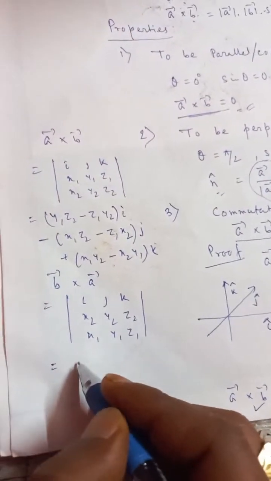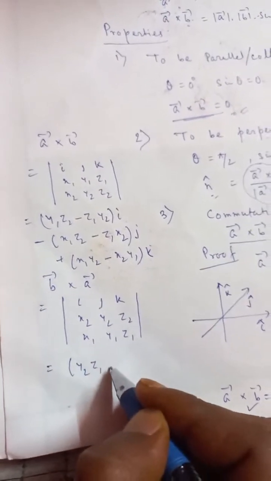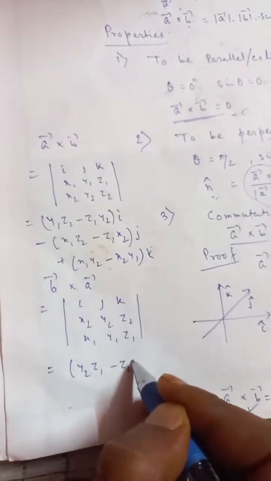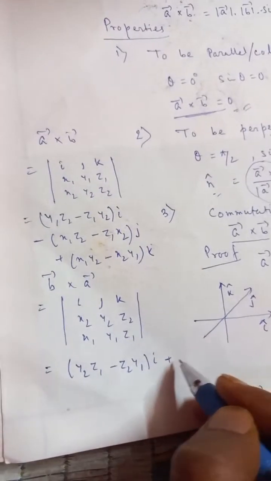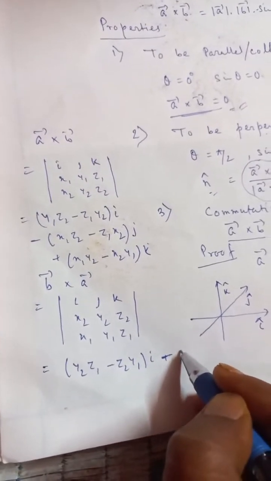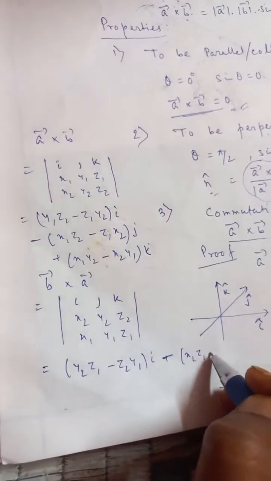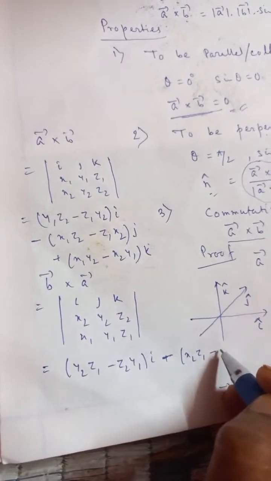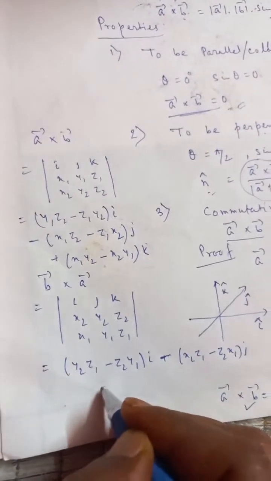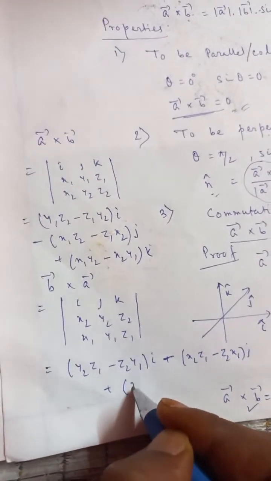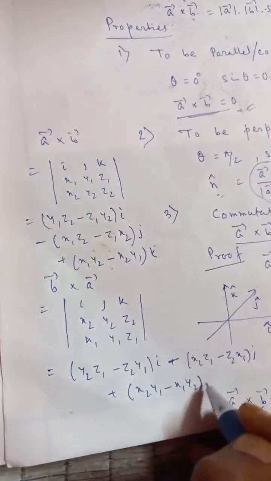So this will be (y2 z1 minus z2 y1) i, minus (x2 z1 minus z2 x1) j, plus (x2 y1 minus x1 y2) k.